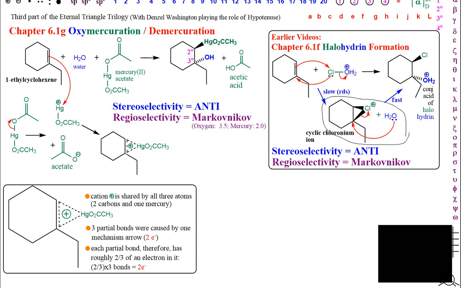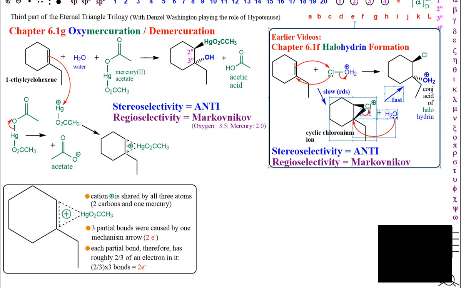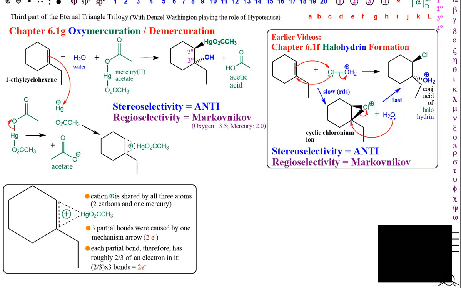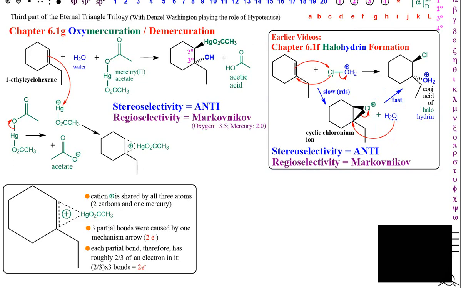Next step, water does a backside attack on this carbon. Which carbon? The more substituted carbon. And the mercury bond breaks. Here we're going to have water attack the more substituted carbon with a partial bond breaking.